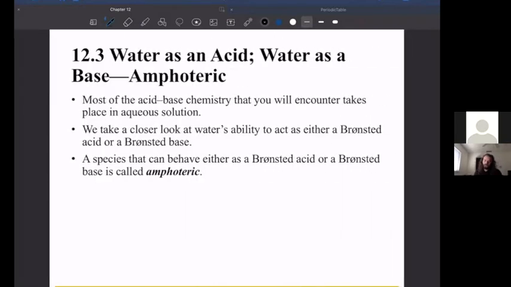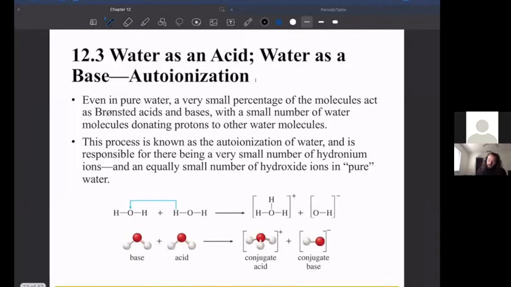Okay. The last thing we're going to talk about with regard to acid-base in this particular lecture is specific to water. We talked about how water can play the role of both an acid and a base, right? We saw that in several reactions that we looked at. So it turns out that when you have a sample of pure water, it's actually reacting with itself.